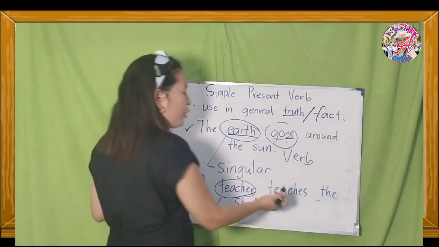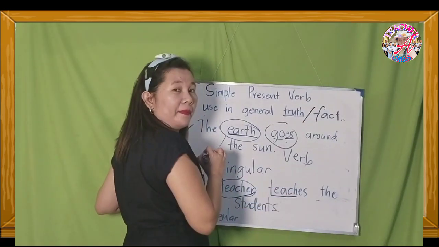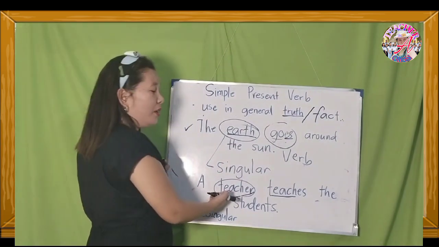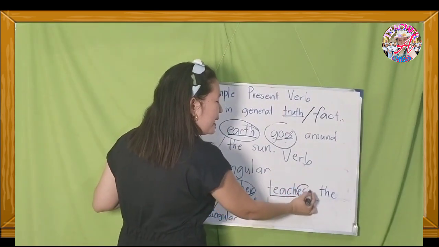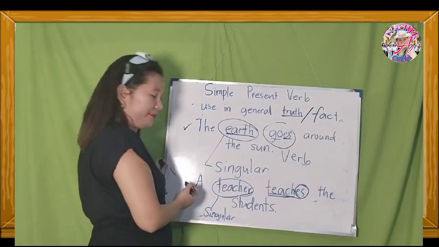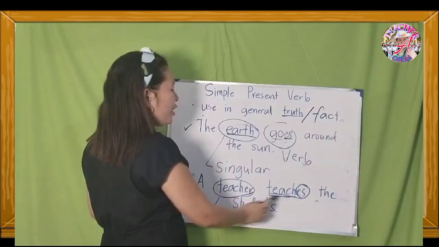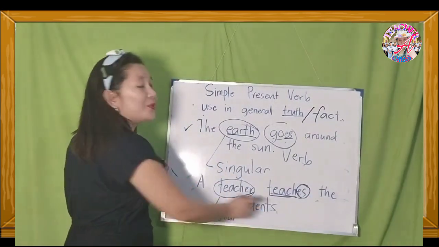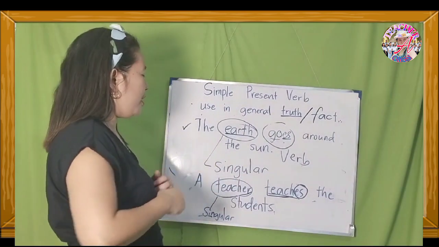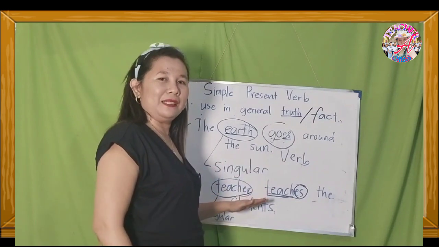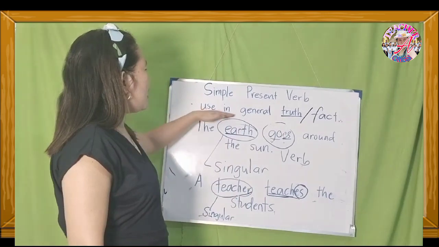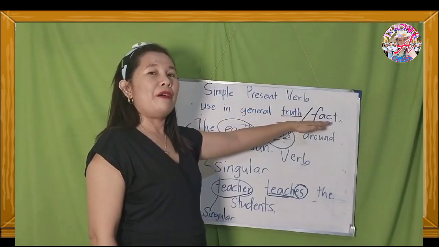The base form of the verb is teach. Since the subject is singular, we have to add es to make it teaches. So a teacher teaches the students. It is a fact that that is the job of a teacher, to teach the students. Again, these examples are used in general truth or fact.